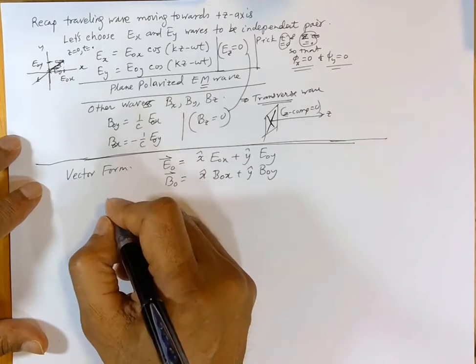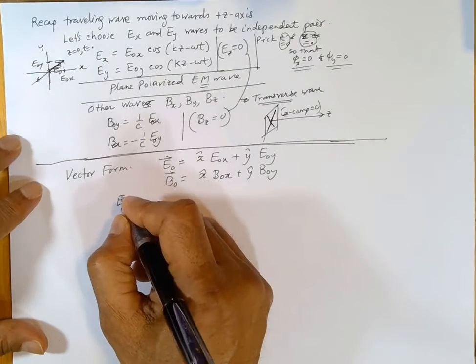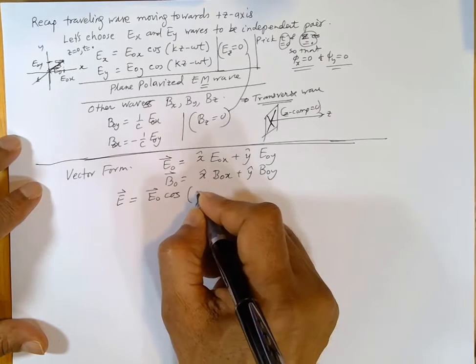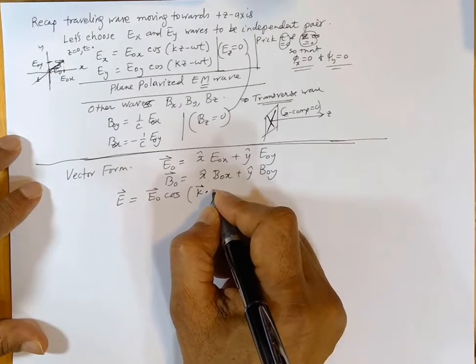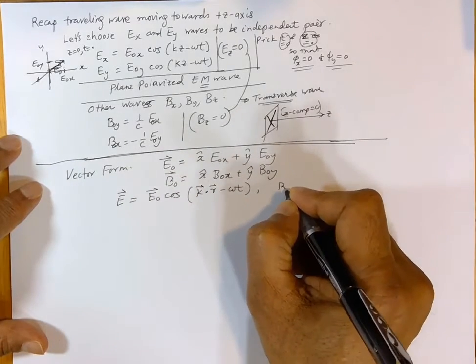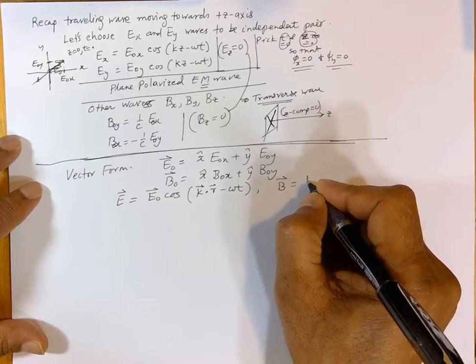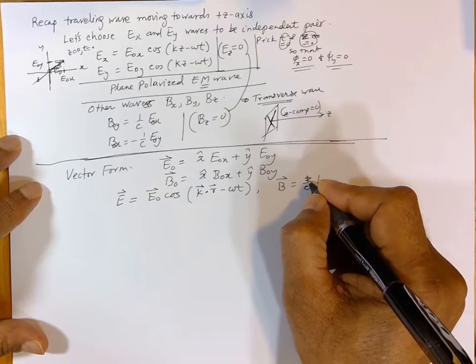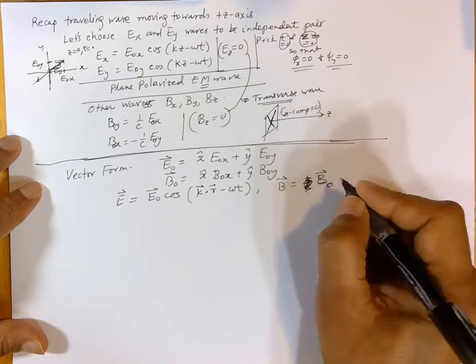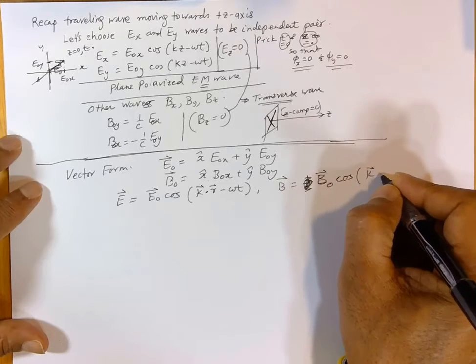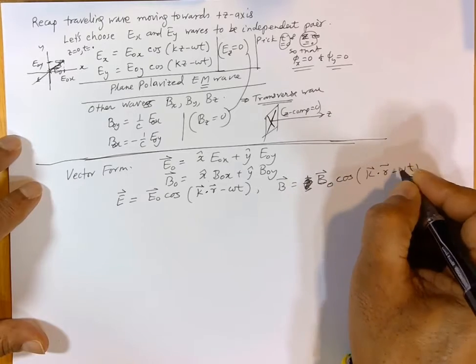and so the electric field wave is just E0 cosine (k dot r minus omega t), and B is B0 cosine (k dot r minus omega t).